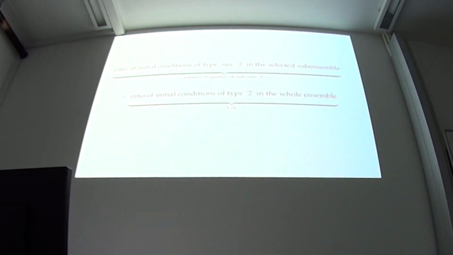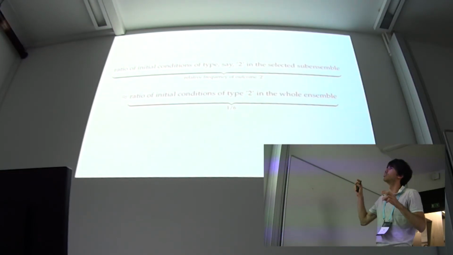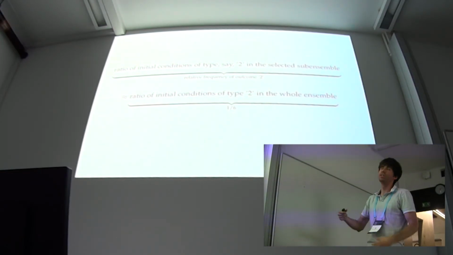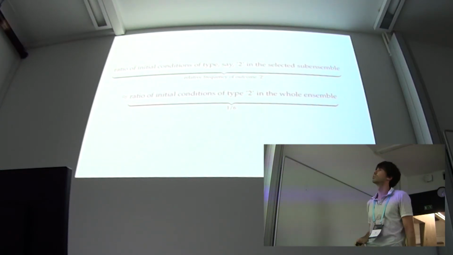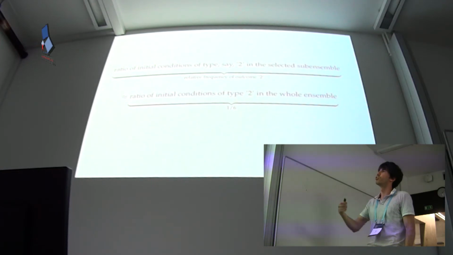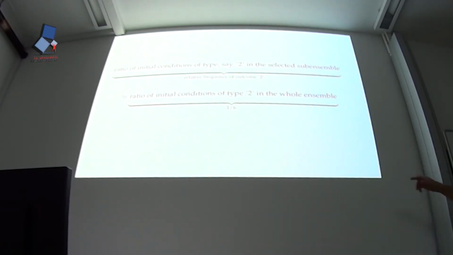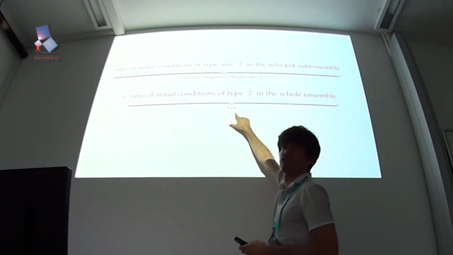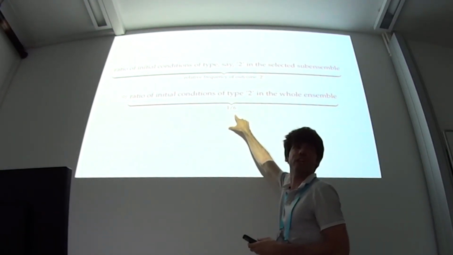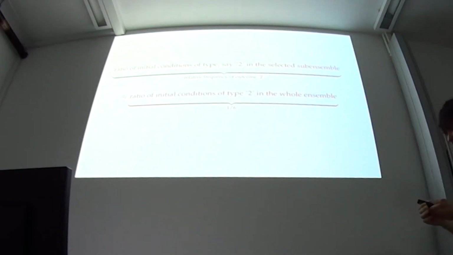So that just means again that the ratio of an initial condition of a certain outcome type, say 2, within the selected subensemble must be approximately the same as the ratio of this type of initial condition in the whole ensemble, which we know because the die is fair is just 1/6 for each outcome property.